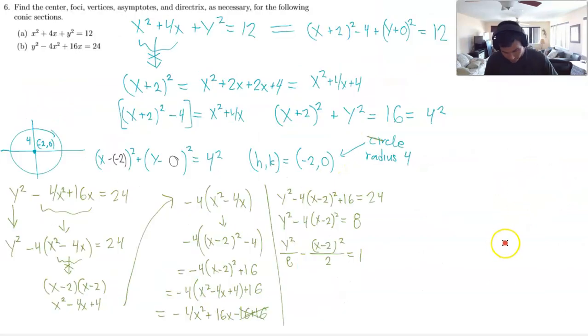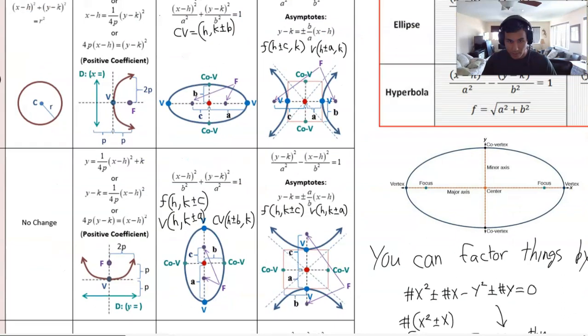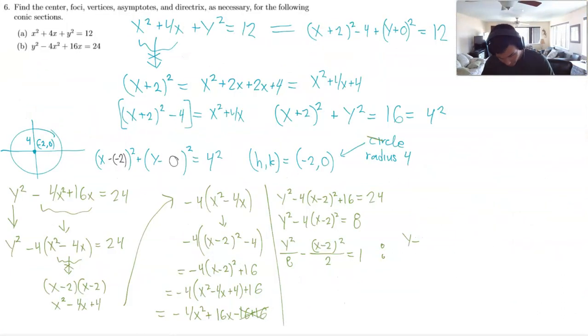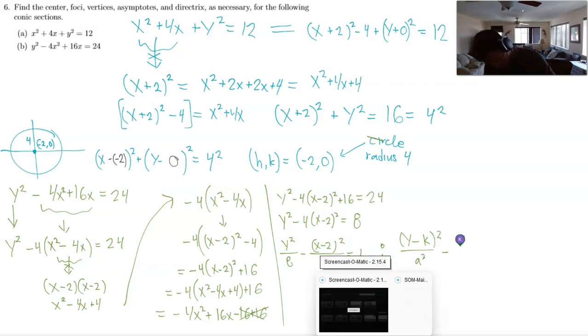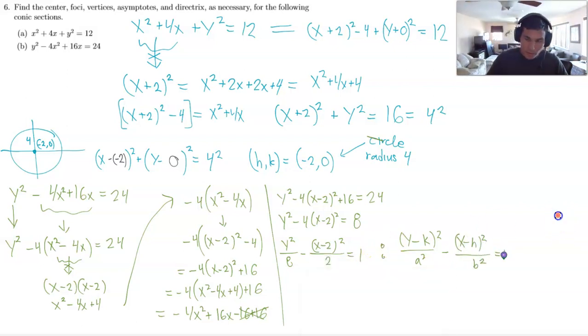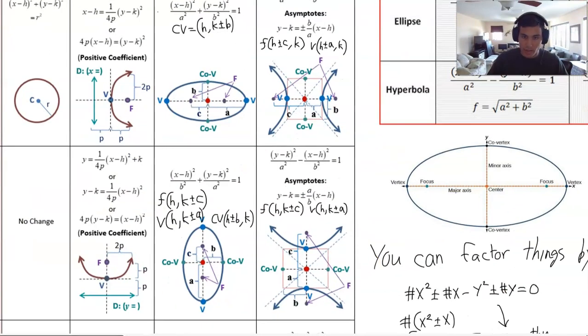I'm going to write the most general form next to it: y minus k squared over a squared, minus x minus h squared over b squared, equals 1. So we made it look like that, so we can start using these formulas.